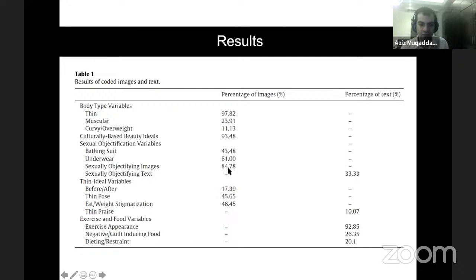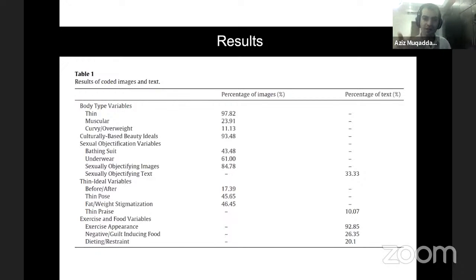For thin ideal variables, the before and after images were about 17%. For thin pose, around 46%, and for weight or fat stigmatization, around 46 and a half percent. Right. For the exercise motive variables, remember the last one, about 93% emphasized exercise for appearance, right?